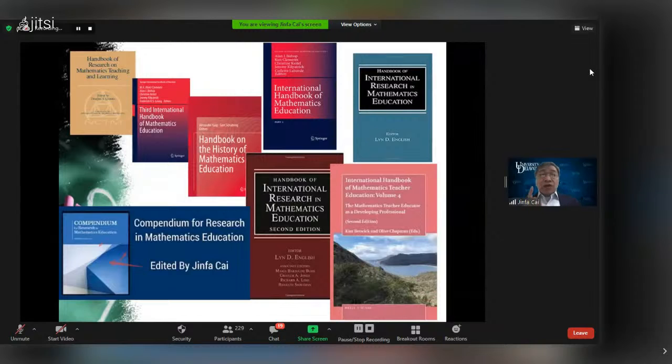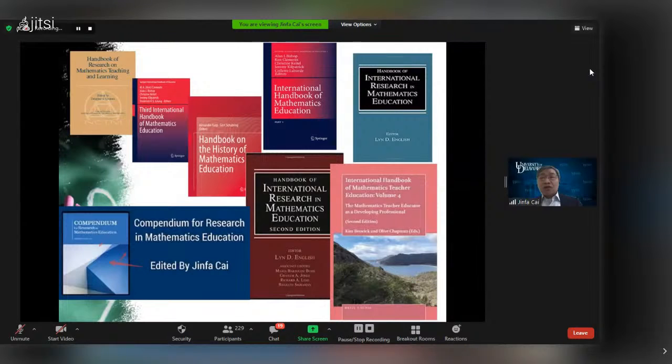No research handbook includes a particular chapter on problem posing, except the second handbook of the PME, the second research handbook related to PME, which has a particular chapter on mathematical problem posing.